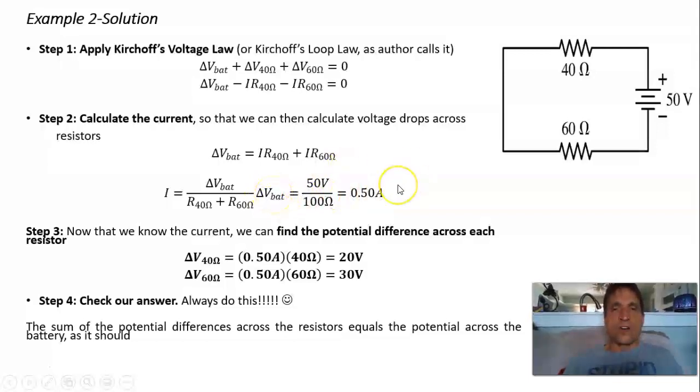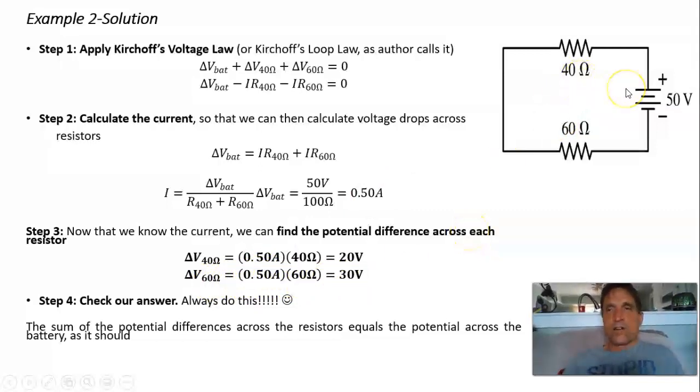Now that we know the current, we can find the potential difference across each resistor using Ohm's law. And so for the 40 ohm resistor, we have I as 1/2 amp as the current. 40 ohms is the resistor. The voltage dropped across this 40 ohm resistor: we lose 20 volts in going across it. For the 60 ohm resistor, the potential difference is I, which is 1/2 amp, times 60 ohms, and that's 30 volts.